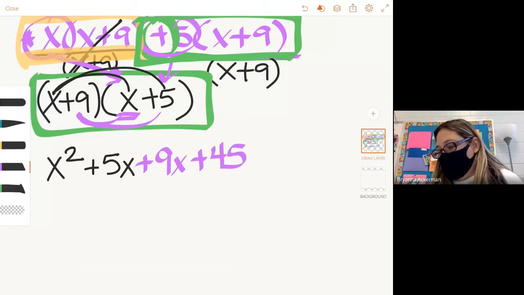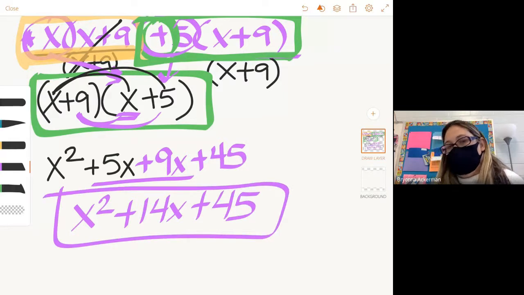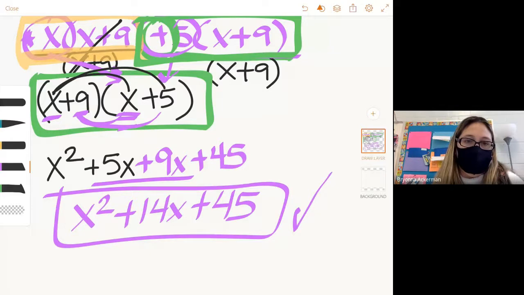And then if you combine like terms, I end up with the original equation. So I know I did it right. Okay? So it's a nice check that if you distribute, you got to distribute 4 times, right? You got to give this x to both and this 9 to both. So it's 4 multiplications.